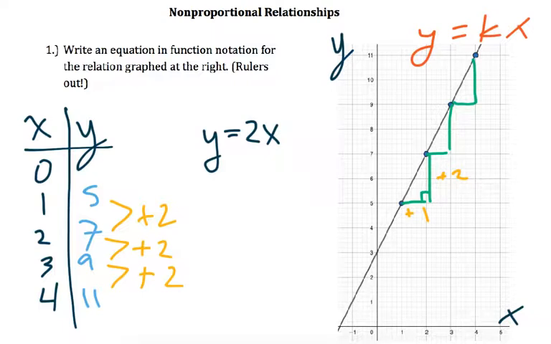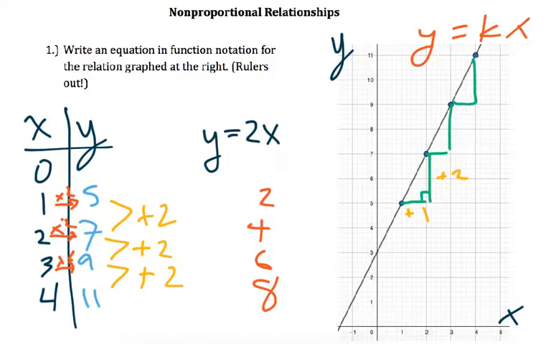But I got a little bit of a problem, because if I wanted to test this out, 1 times 2 gives me 2, and not 5. 2 times 2 gives me 4, but not 7. 3 times 2 gives me 6, but not 9. And 4 times 2 gives me 8, but not 11.